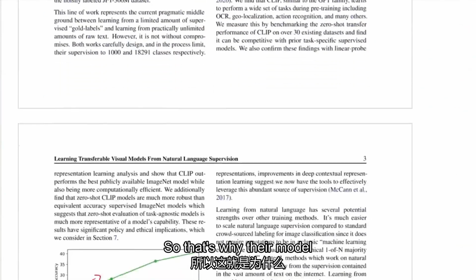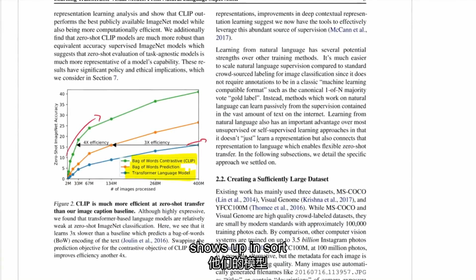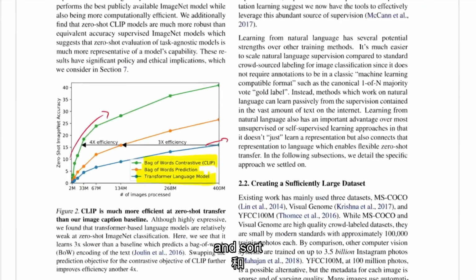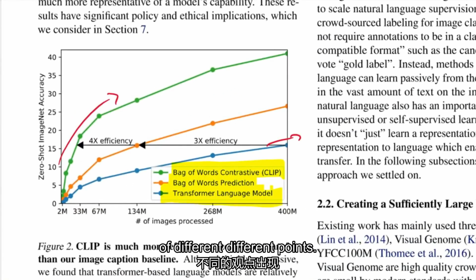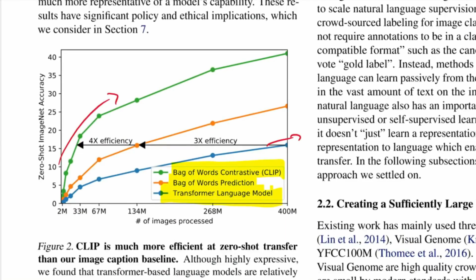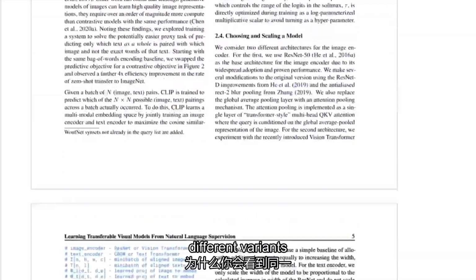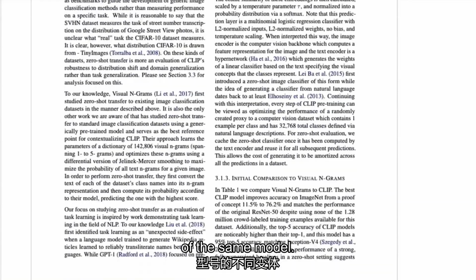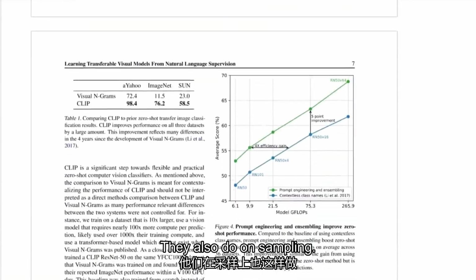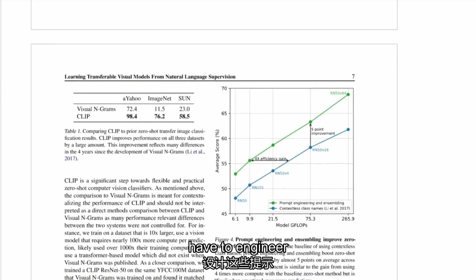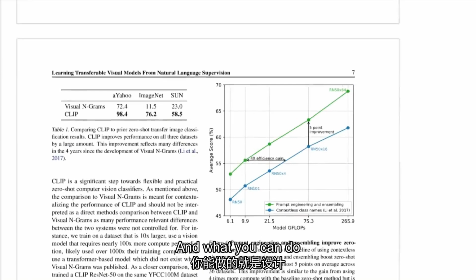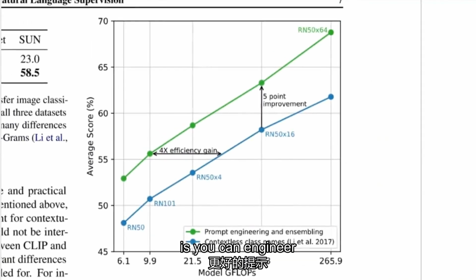So that's why their model shows up in different flavors and different points here. They scale the amount of data, I believe, with the model. So they scale everything together: compute, data, and model size. And that's why you see different variants of the same model. They also do ensembling. So, you have to engineer these prompts, and what you can do is engineer better prompts, and that will gain performance.